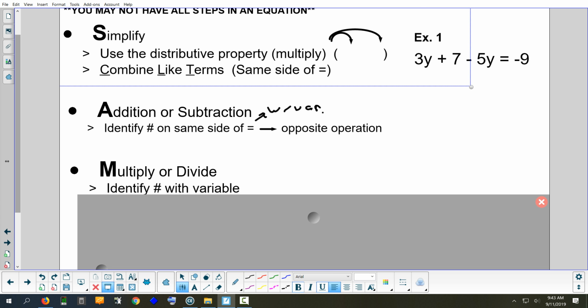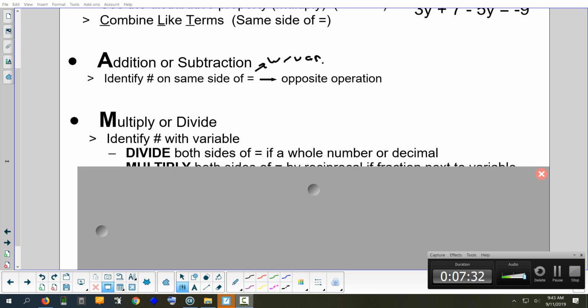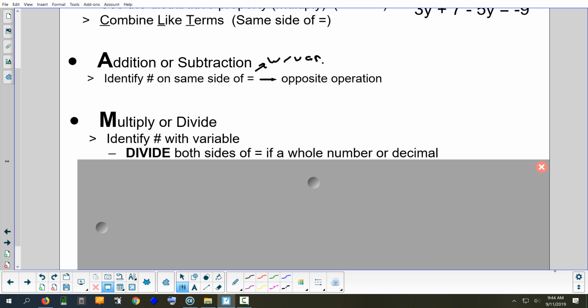So we've got a few different cases. Okay? First thing you want to do is identify the number with the variable. And I'll let you guys copy down the first case that could happen. So first case you can have is division. All right? How do you know when to divide? Well, if you have a whole number or a decimal attached to the variable.